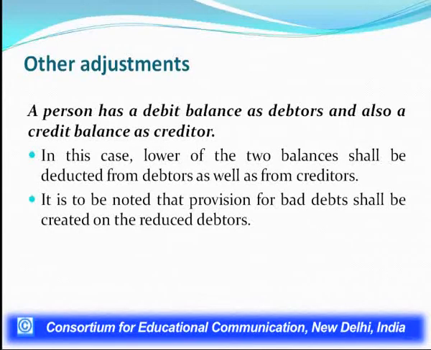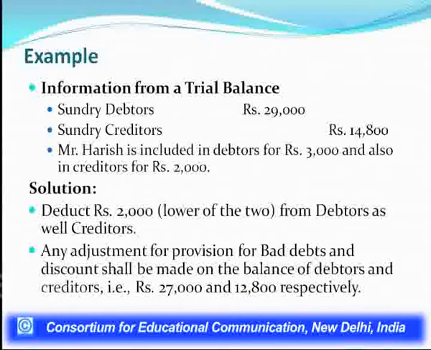Any amount of the debtors and creditors will be changed, and any adjustments relating to debtors or creditors have to be modified accordingly. For example, debtors are given as 29,000 and creditors 14,800 in the trial balance. Mr. Harish is included in debtors for rupees 3,000 and also in creditors for rupees 2,000. The lower of the two is rupees 2,000, so this 2,000 shall be deducted because, as per accounting rules, Mr. Harish is a net debtor of rupees 1,000 only.